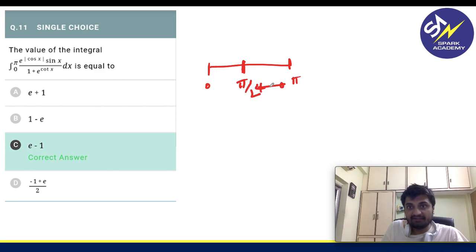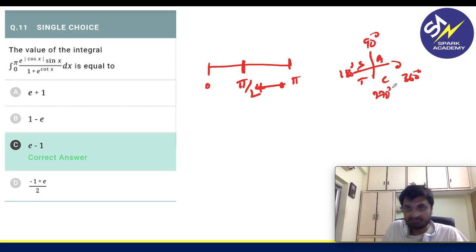From 90 to 180, check for cos: 0, 90, 180, 270 and 360 you have. So between 90 and 180 cos is negative, so this part will be negative. So this I can write as plus cos x, and this I can write as minus cos x basically.